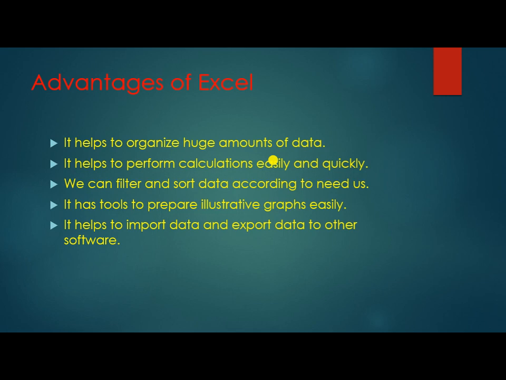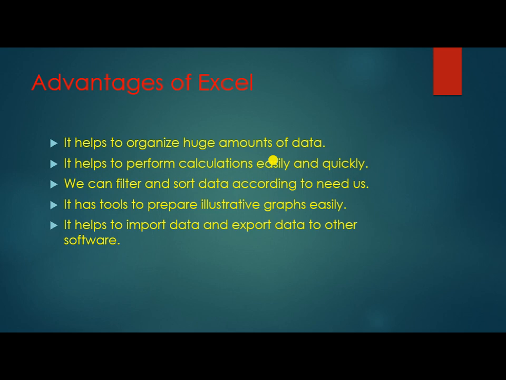Next, we can filter and sort data according to needs. Actually, what is filtering and what is sorting? Suppose I have written so many students' names, or you have written for classes 4, 5, 6, 7. I say those whose names start with A, B, C, like alphabetical order, should come first.